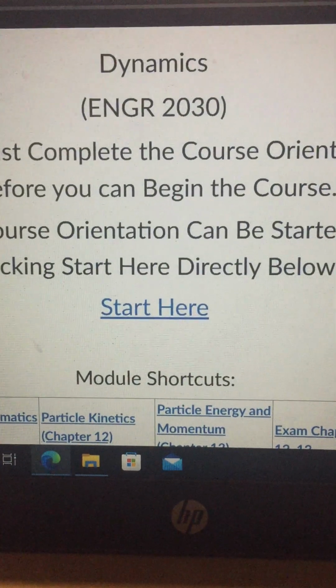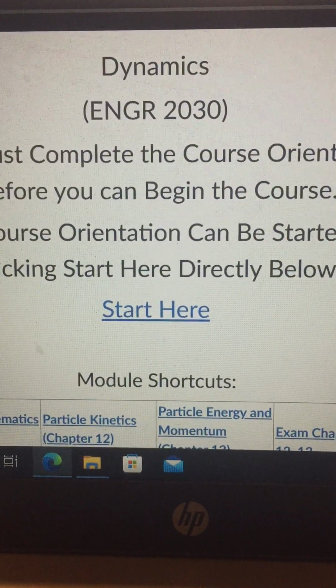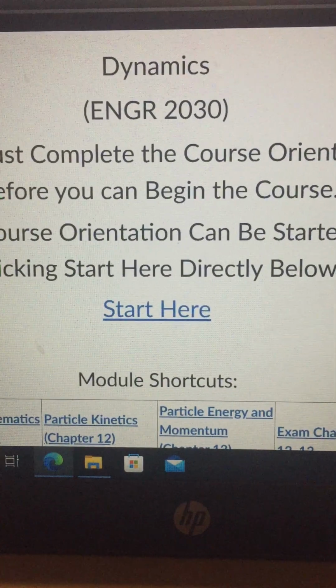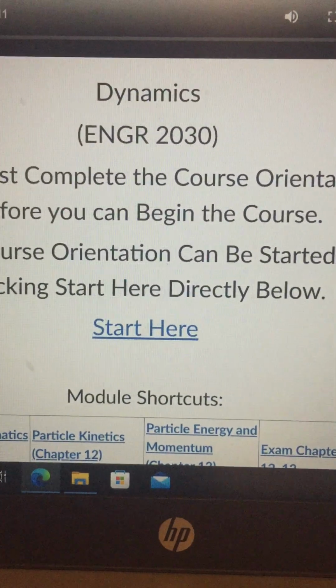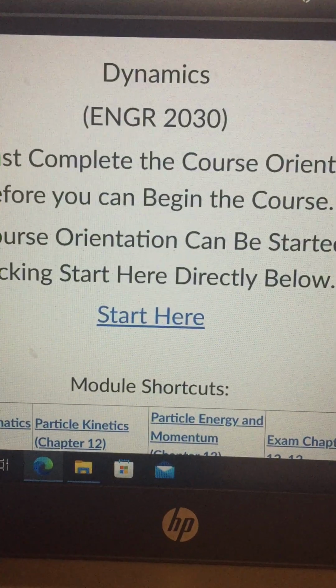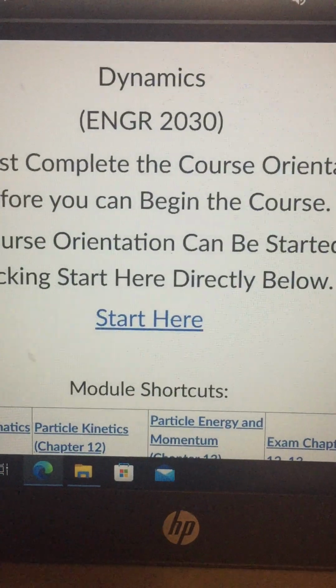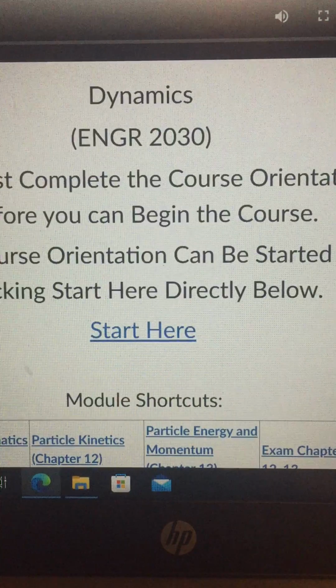In Chapter 12, like I said, we were talking about the kinetics part, and we started by doing some problems that were more in a straight line and learning the equations that deal with kinetics.